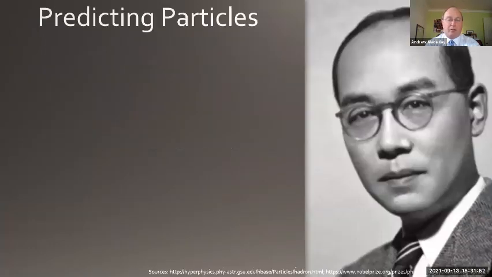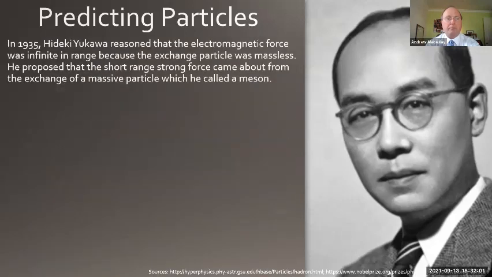Well, predicting particles, and this is some wider reading that is useful to put into those open-ended questions. This man, Hideki Yukawa, in 1935 reasoned that the electromagnetic force was infinite in range because the exchange particle was massless.